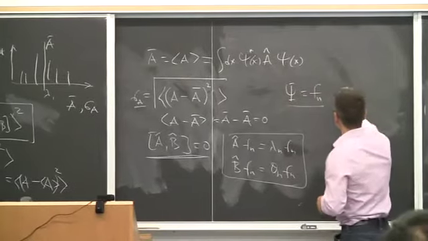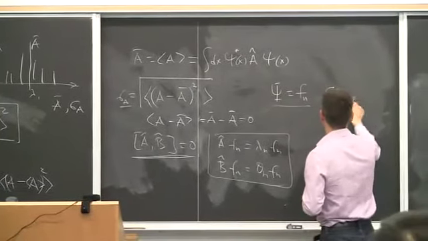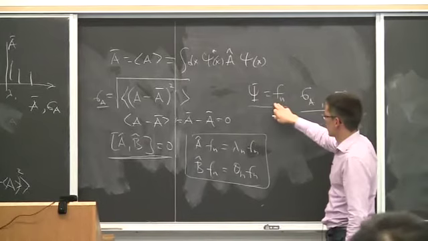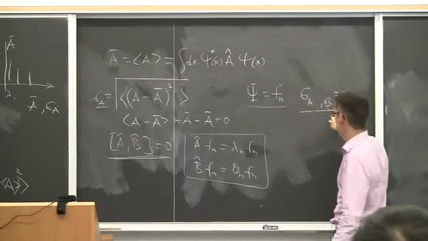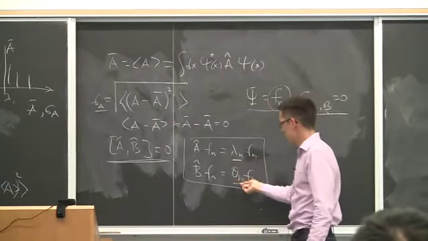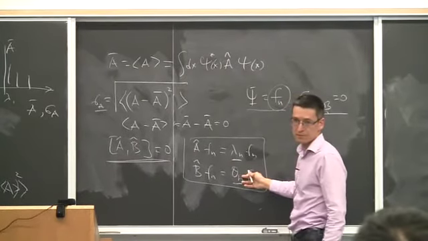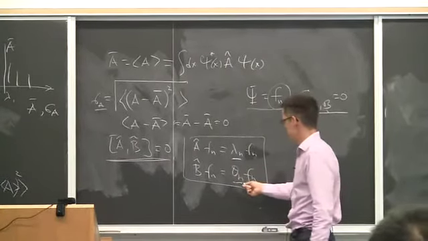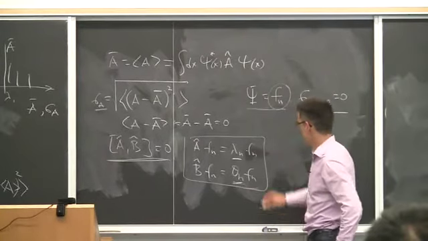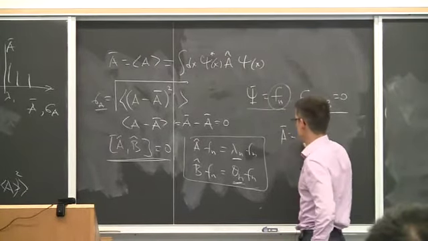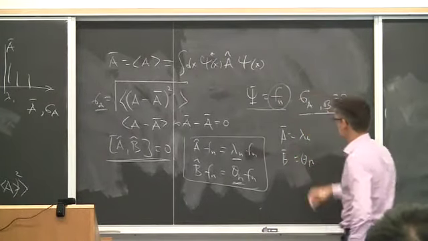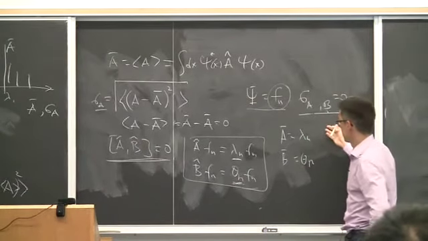And in this case, sigma of A or B will be 0 necessarily, because if you create millions of copies of the same eigenfunction for A and B, then when you measure A or B on that function, you will get only one value for A and only one value for B. If it's not a degenerate case, and let's assume that it's not, then the average of A will be lambda n, and the average for B will be theta n, and then the deviations simply will be zeros.